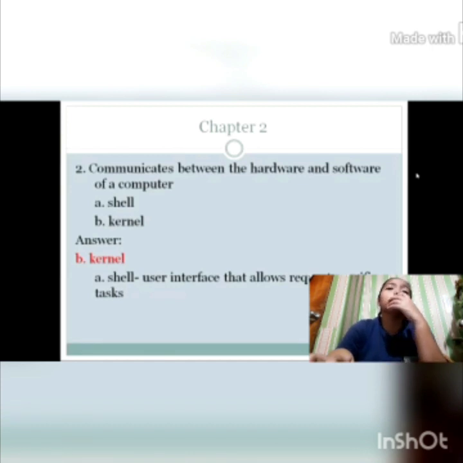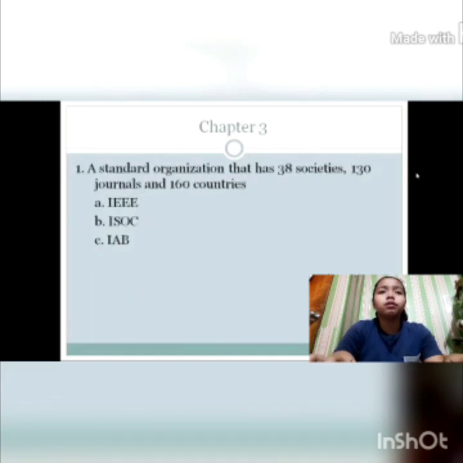So the kernel is what communicates between the hardware and software of a computer.